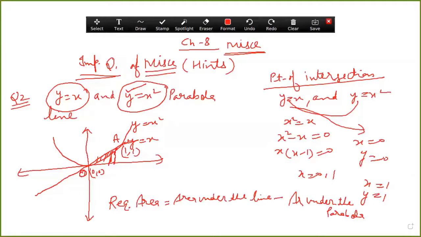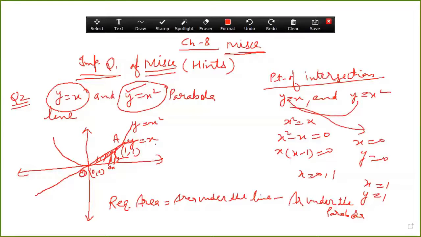Line means if you are using the limit from x-axis, it means that is y dx. This is a dx. If you take any strip from here, then it is a dx, and this will be y dx. For line it is x, and for the parabola it is x square.